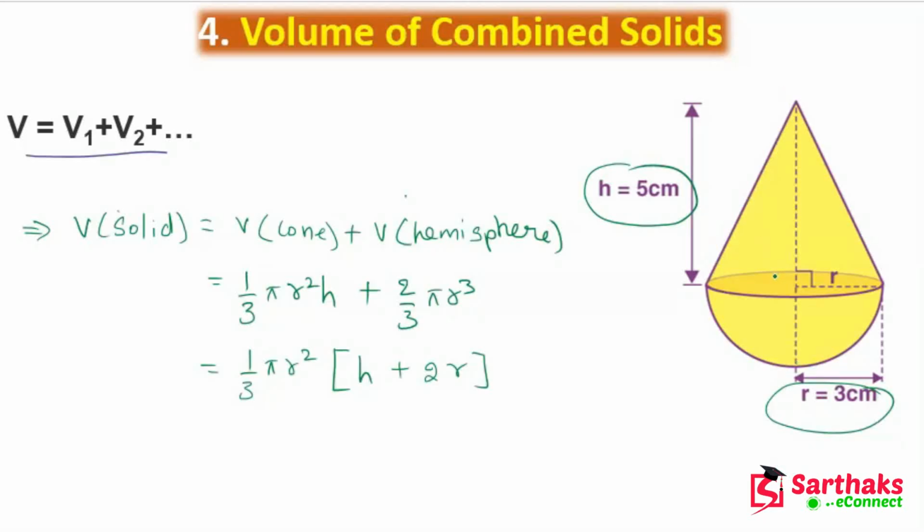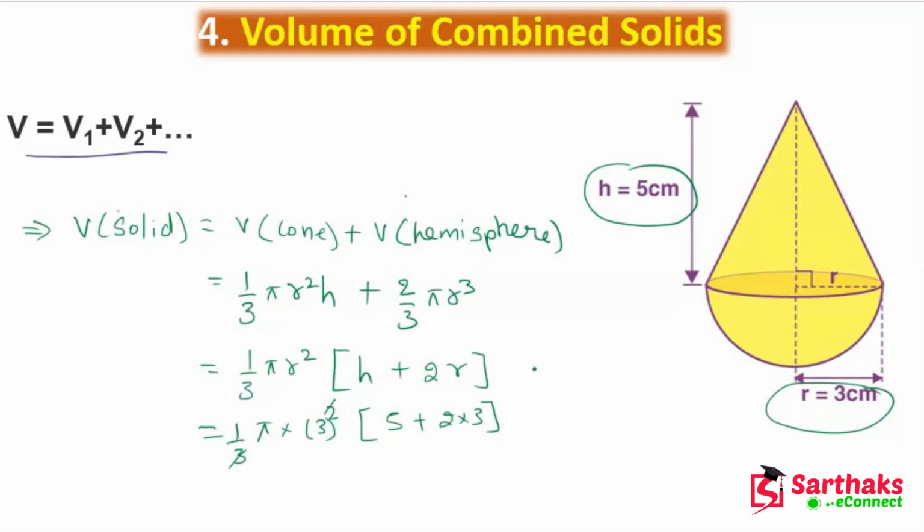The r of the cone and the r of this hemisphere is the same. So now 1 upon 3 into pi into 3 square, and 5 plus 2 into 3. In the numerator there are two 3s, and in the denominator there is one 3, so we can cancel one 3.